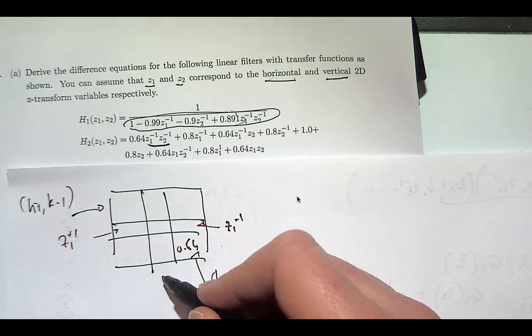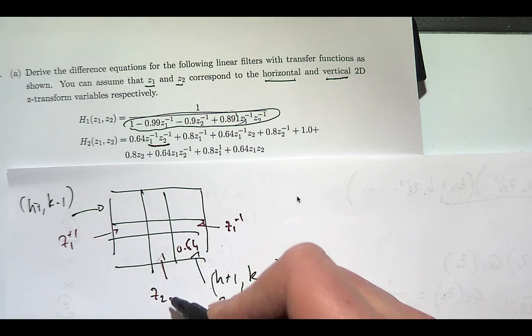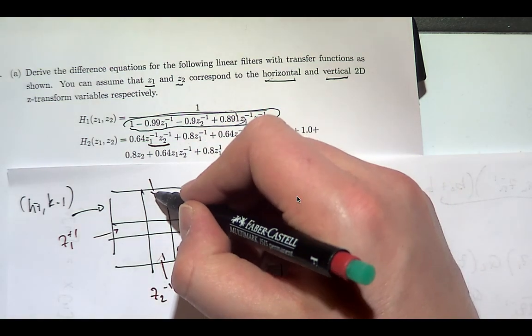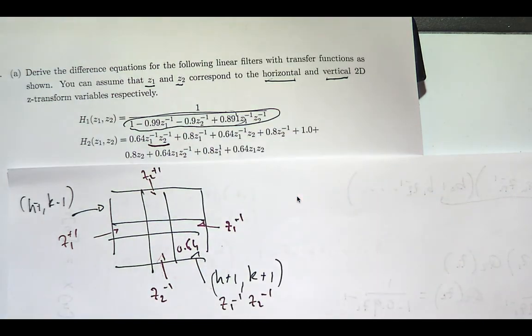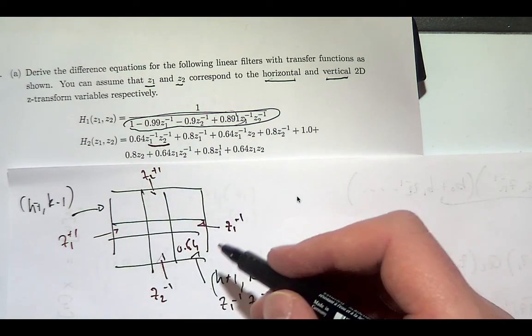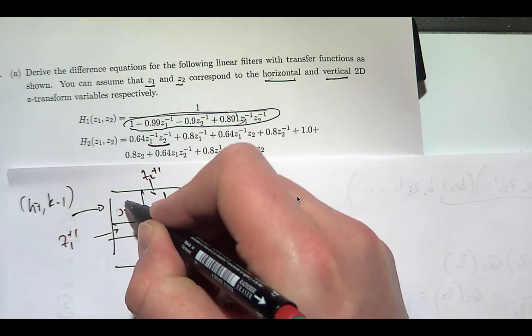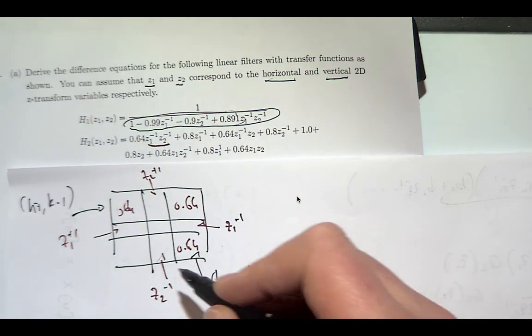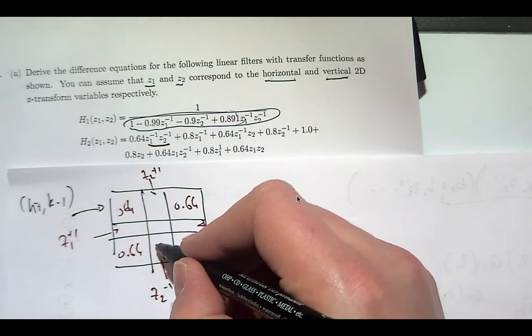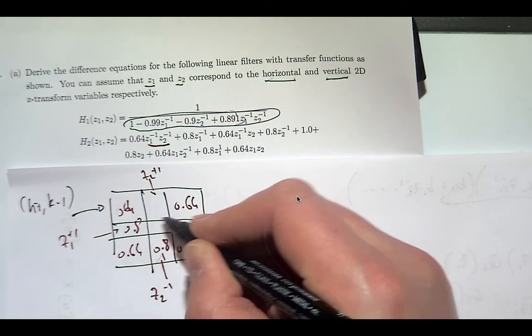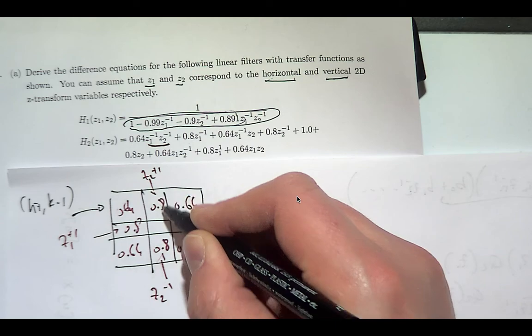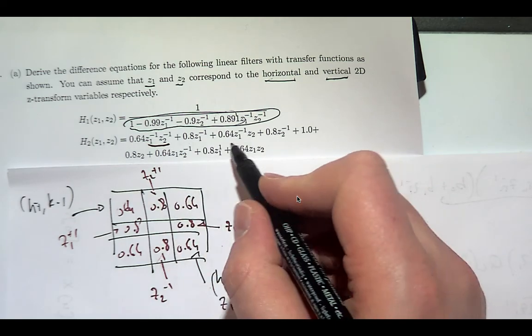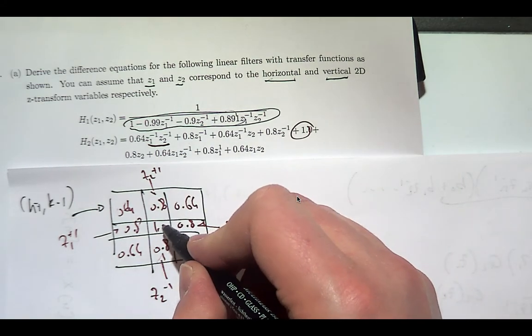And that would be z2 minus 1 and z2 plus 1. So I can just fill in all the values here. So I have 0.64 here, 0.64 here, 0.64 here, 0.8, 0.8, 0.8, 0.8, and here in the middle you have 1.